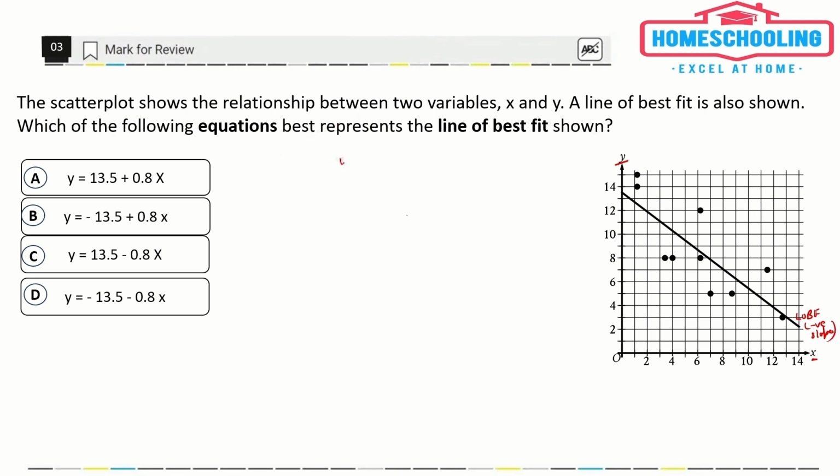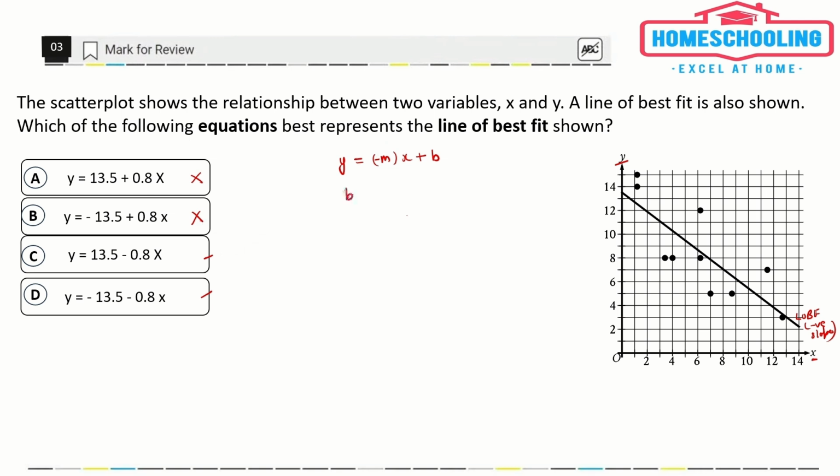Normally, with a negative linear equation, our slope m would be negative plus our y-intercept. In the options, the value attached to x should be negative, so it can be either option C or D. In options A and B the slope is positive, so we will discard these two options.